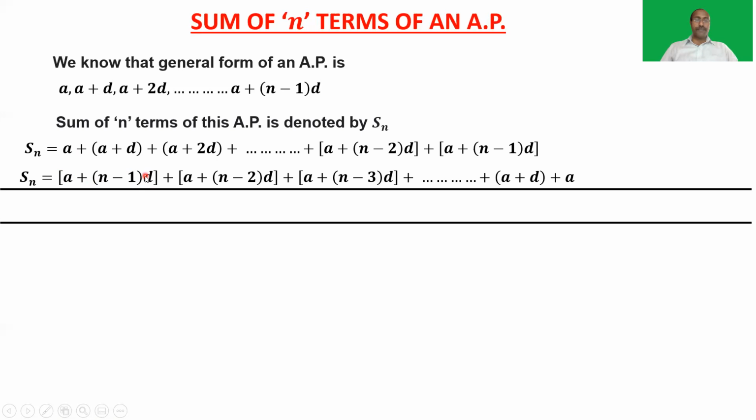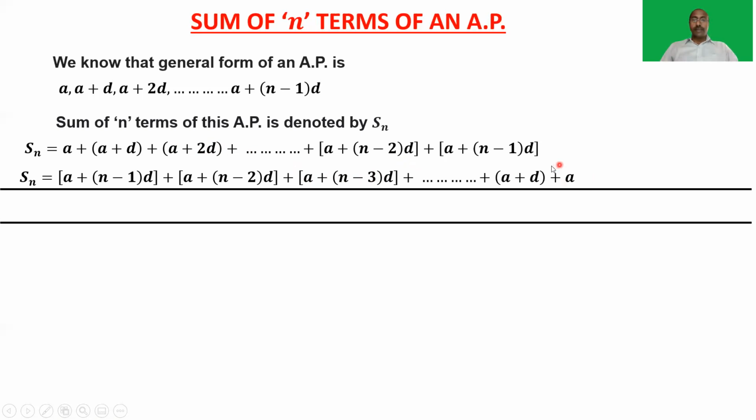By adding the second terms, we get 2a plus (n minus 2) into d plus 1d, that is (n minus 1) into d, and again we get 2a plus (n minus 1) into d. Similarly, by adding the third terms also, we get 2a plus (n minus 1) into d.